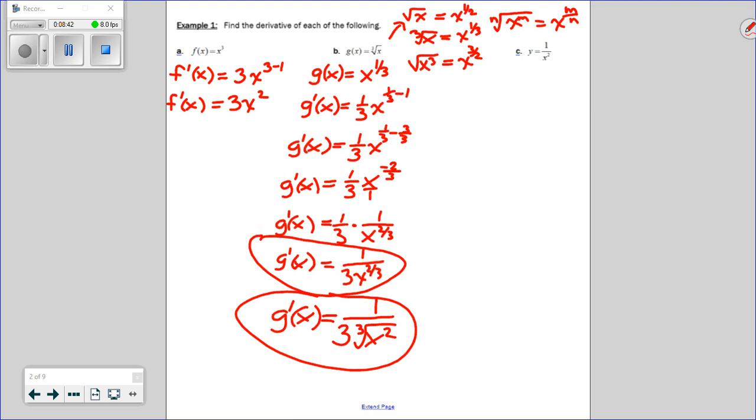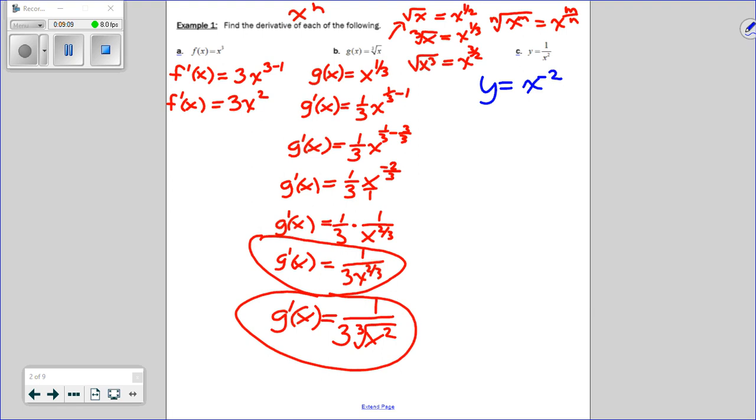Okay, in our third example, we want to find the derivative of y equals 1 divided by x squared. So again, remember, we've got to get it into this x to the n form, okay? So we're going to use our properties of exponents, and we're going to rewrite this as y equals, I'm essentially going to flip the fraction, which will change my positive exponent to a negative exponent, okay?